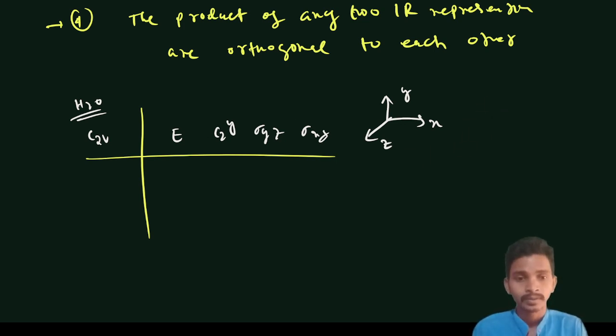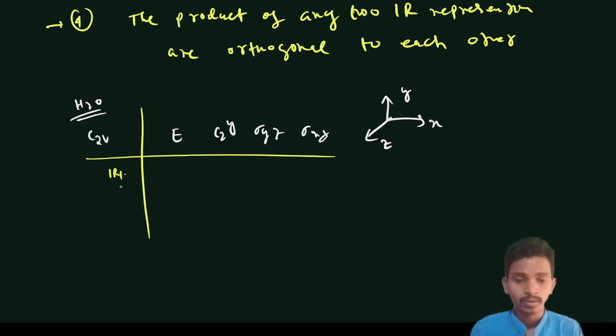So the first postulate says that the number of classes is equal to the number of irreducible representations. So here you will write the Mulliken symbols, IR1, IR2, IR3, equal to the number of classes. That is what postulate 1 says.